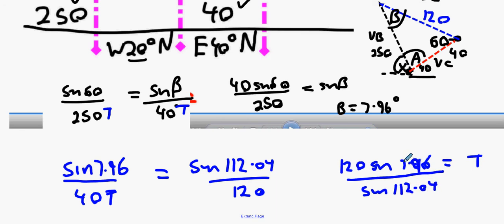We'll put it in the calculator now. Sorry, am I in degrees? Did I drop the 40? I dropped the 40 by mistake. Yep. T equals 0.448 or 0.45.